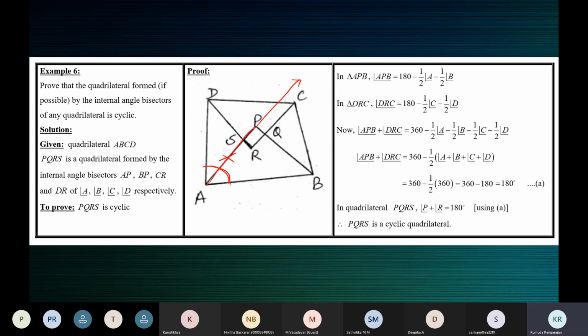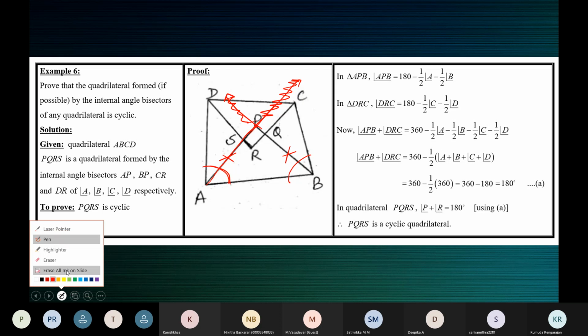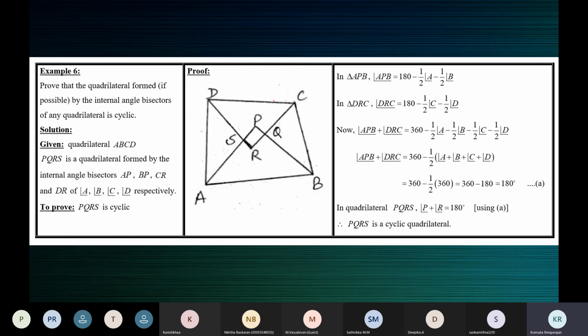So this one is the bisector of angle A. Similarly, when you bisect angle B, this is the bisector of angle B. Now the bisectors intersect here at P. So I've just trimmed all these portions. Similarly, this is the bisector of angle C. And this is the bisector of angle D.